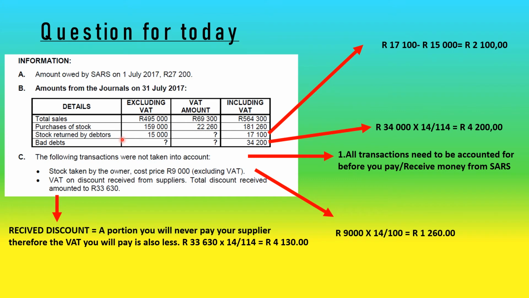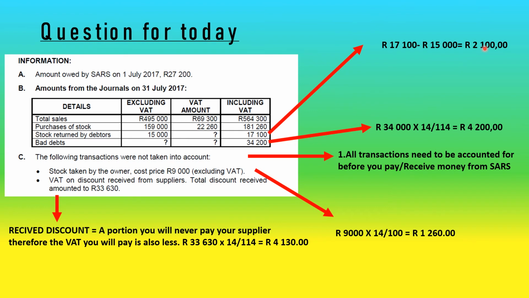Right here you've got your stock that is returned by debtors. You will see that for the stock returned by debtors, you've got a value excluding VAT, and a value including VAT, and you're expected to calculate a VAT amount.